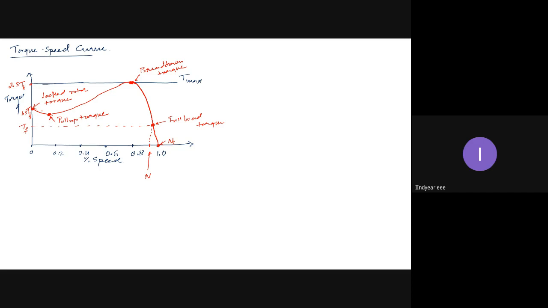Similarly, there is one more condition where the motor will be stopped: if the maximum torque produced goes beyond 2.5 times the motor full load torque, the motor is made to stop.